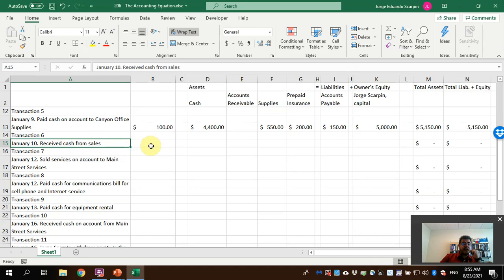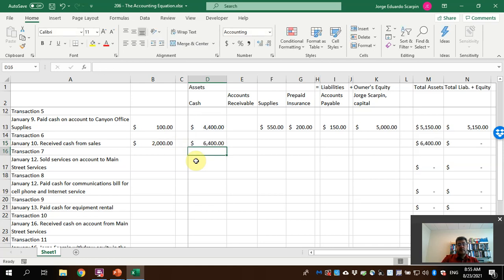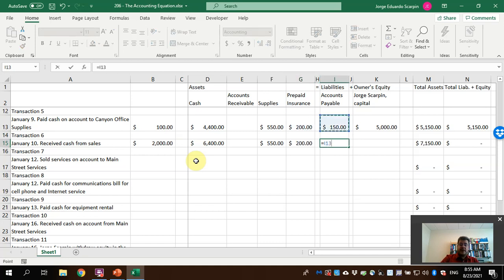Transaction 6, received cash from sales. For instance, $2,000. We are receiving it. If we are receiving cash, our cash goes up. $6,400. Everything else remains the same: supplies, prepaid insurance, liability.